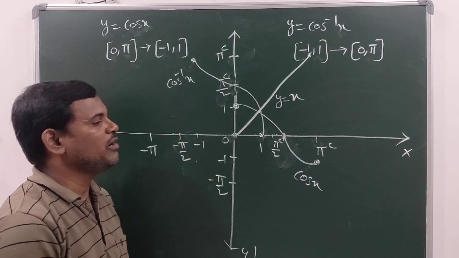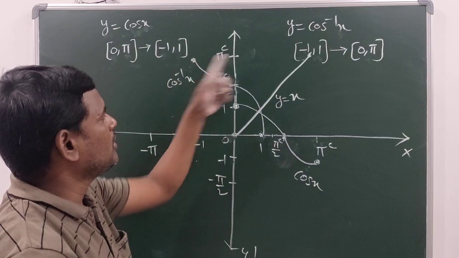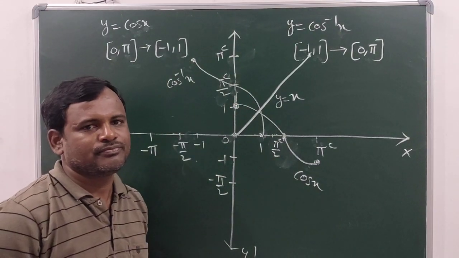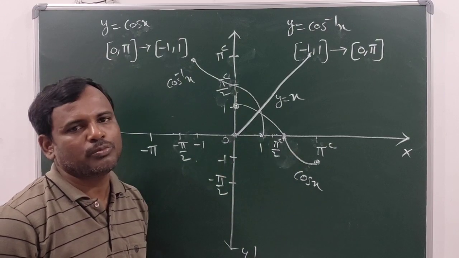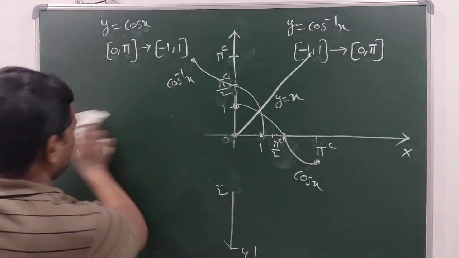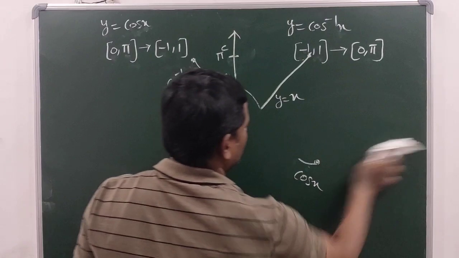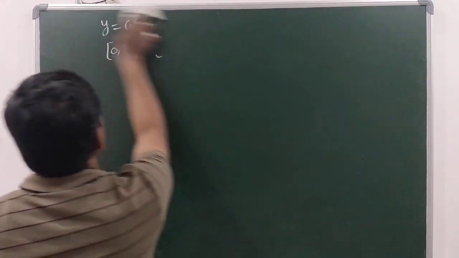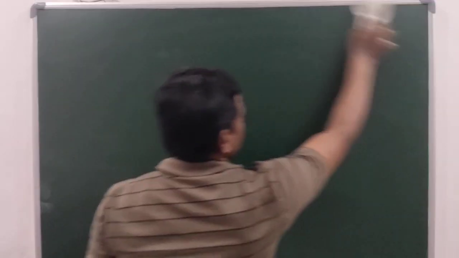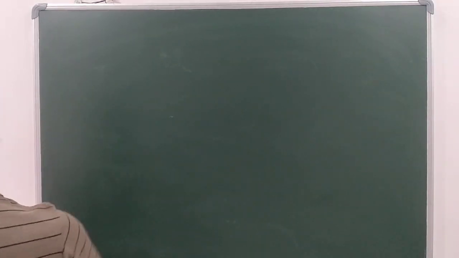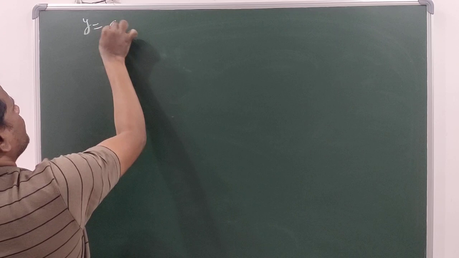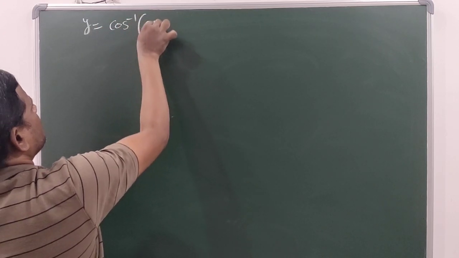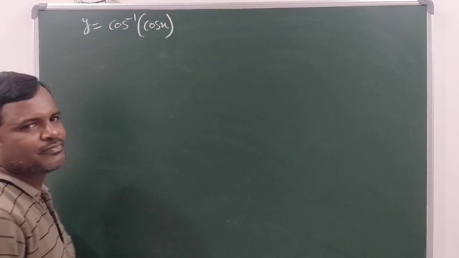Okay, now let us go to the combination of these two. Both are not periodic functions in the interval 0 to pi. Now let us go to cos inverse of cos x. Let us take y equal to cos inverse of cos x.